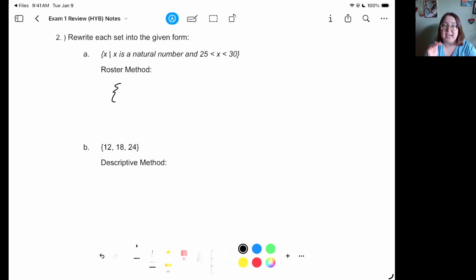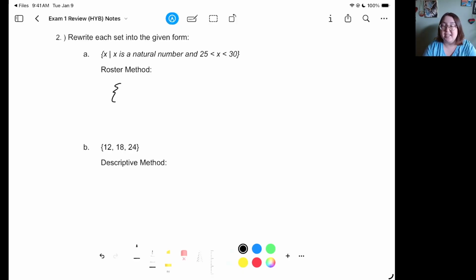So by saying X is a natural number, we want to remember that a natural number is going to be a counting number, so a whole number. A natural number is a whole number that is positive, that is not zero. So essentially 1, 2, 3, 4, 5, 6, 7, 8, 9, 10, so on and so on. So it's a whole number, it's positive. So we want a whole positive number.